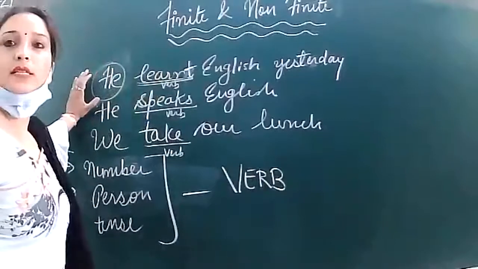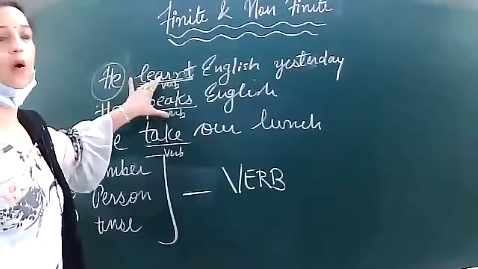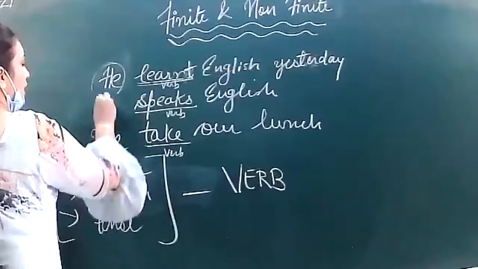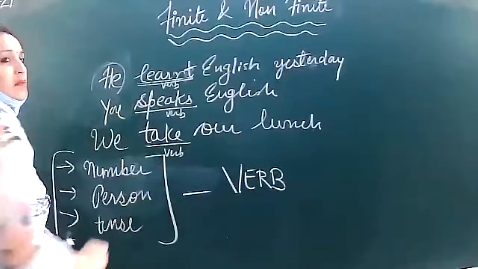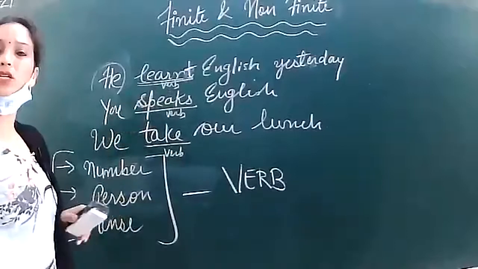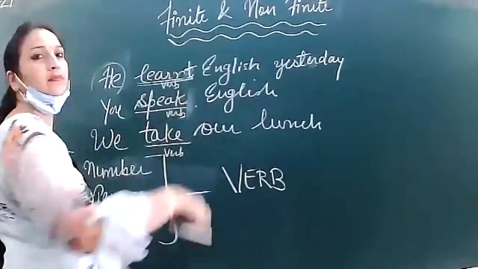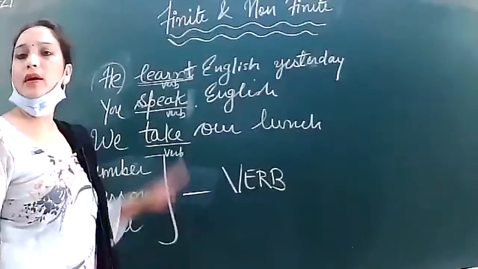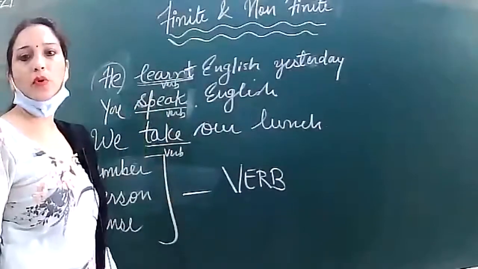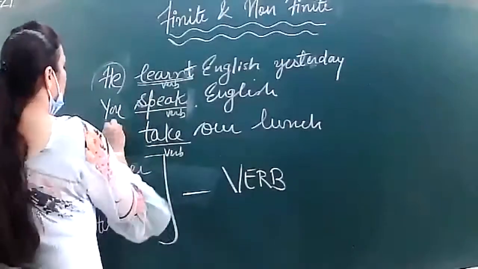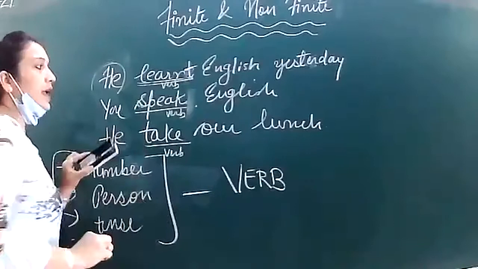Now, if I'm changing the subject, I change the verb accordingly. Suppose he speaks English. If I write you here, then what changes will I make? You speak English. Suppose here I write he take our lunch.